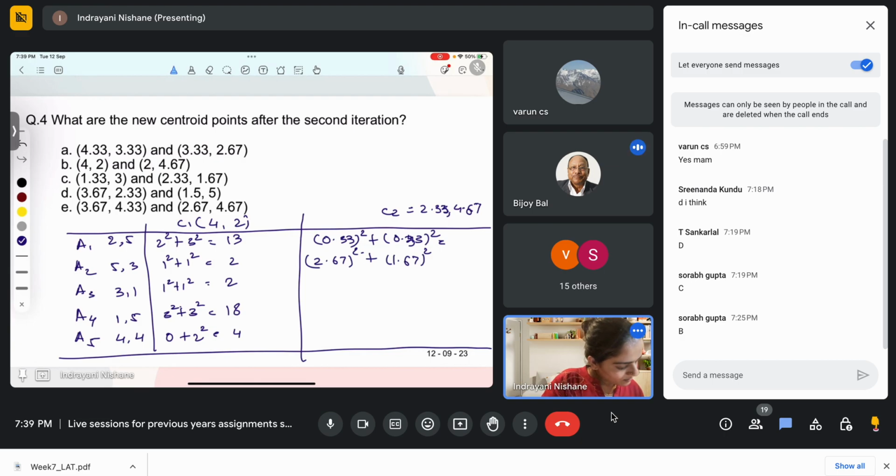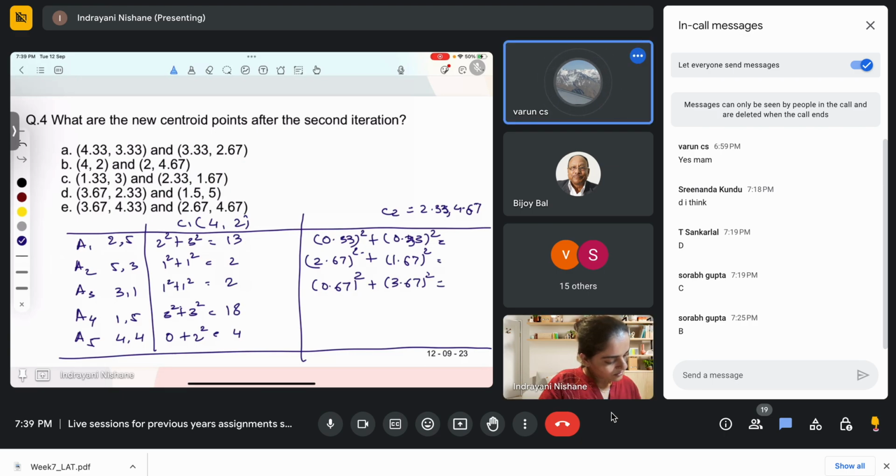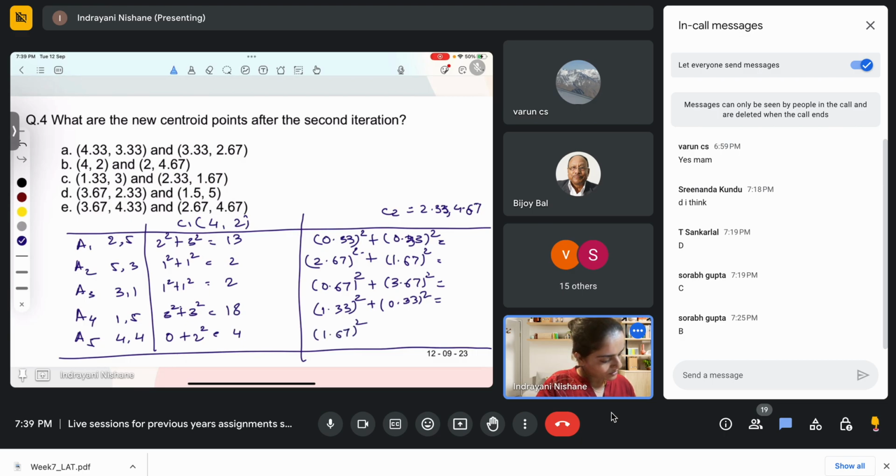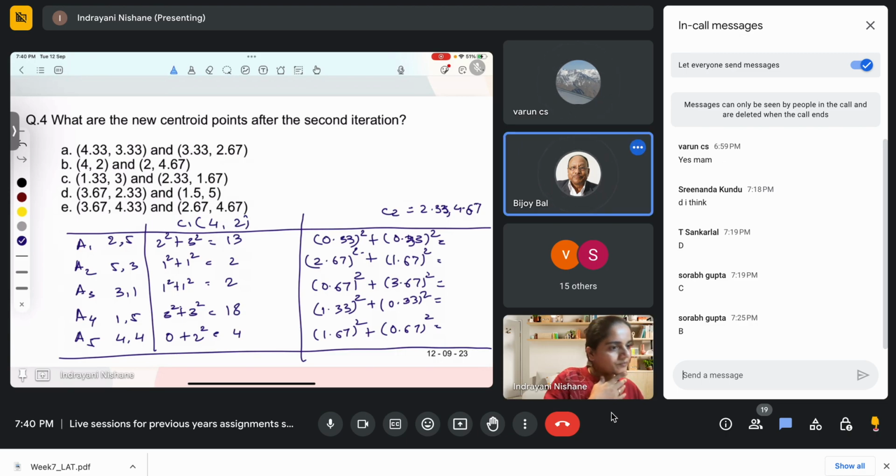This will be 0.67 plus 3.67. This will be 1.33 square plus 0.33 square. This will be 1.67 square plus 0.67 square.